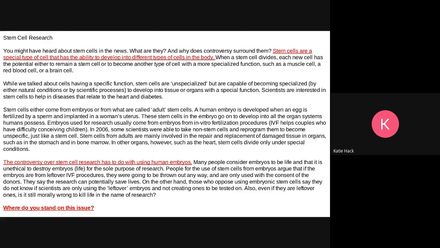Do you think that's okay? To do taking it out and put it back in? No, to take the ones that are left over in the petri dish to do research on those embryos.